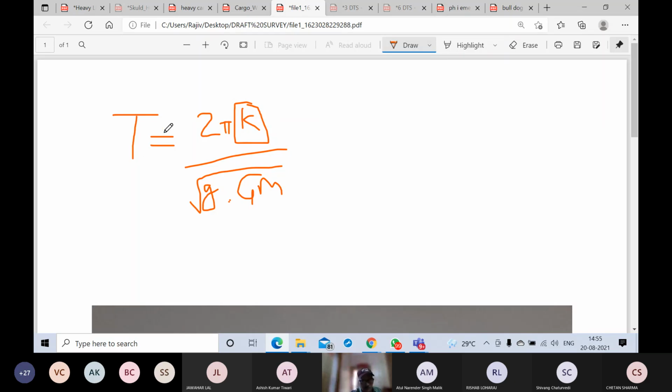Now, pi is a constant, K is a constant, g is a constant, so T is inversely proportional to GM, in a nutshell. And this is GM fluid. So if the GM is small, the time period or roll period is large. If the GM is large, then the time period becomes shorter.